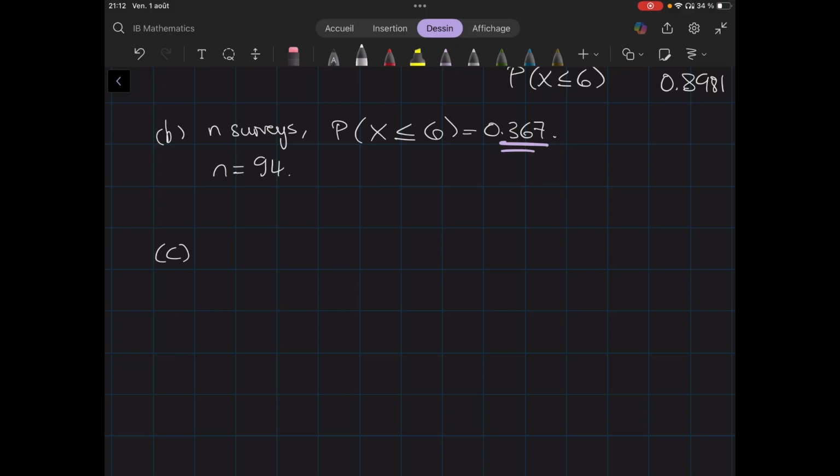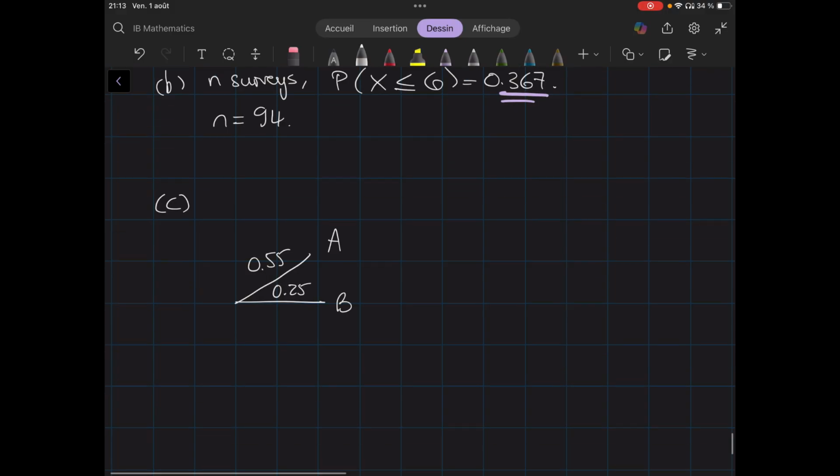So this is an obvious cue for a tree diagram. Out of all the surveys, Amanda enters 55%, Bryce enters 25%, Carmen enters 20%.